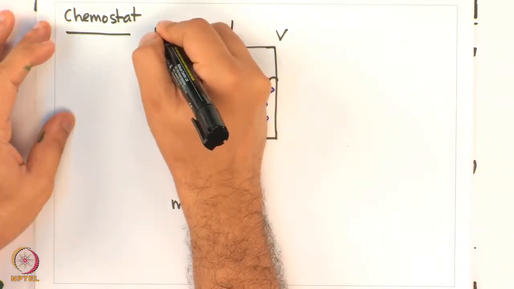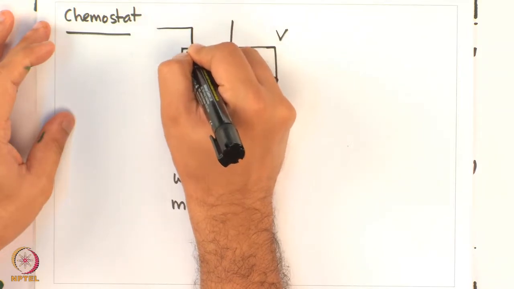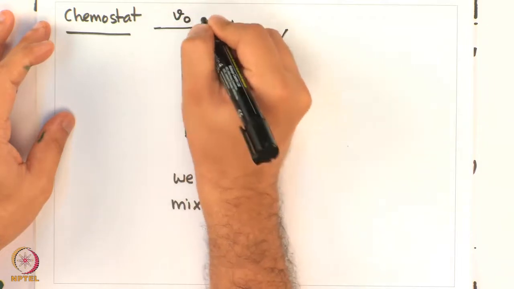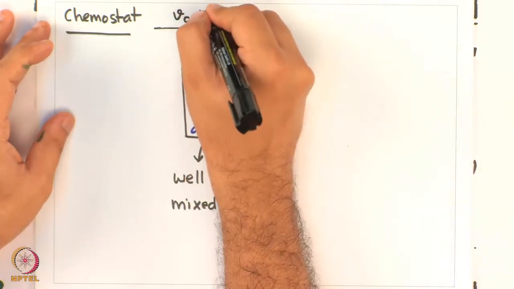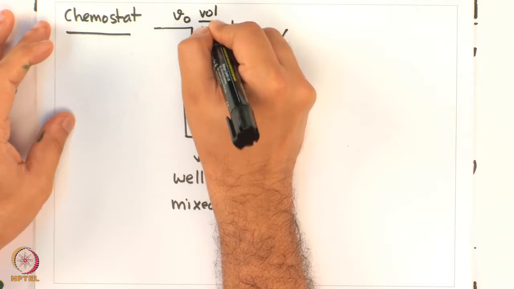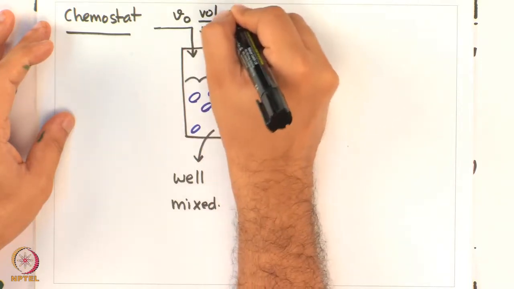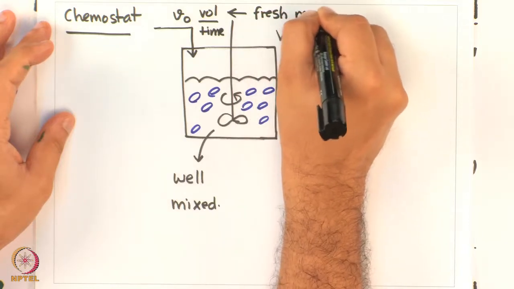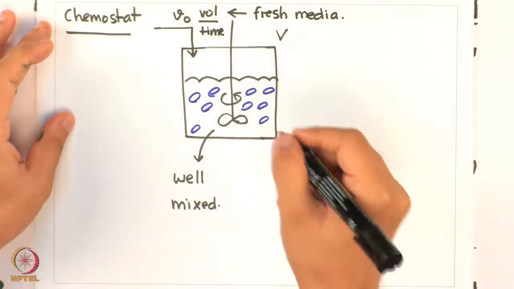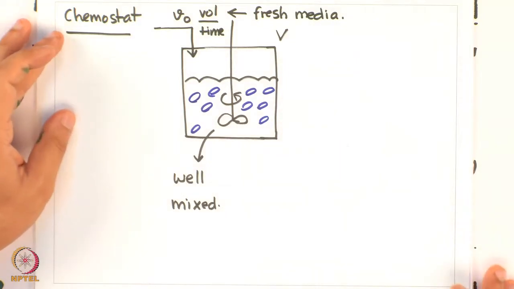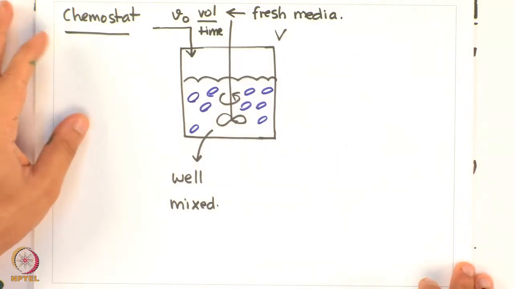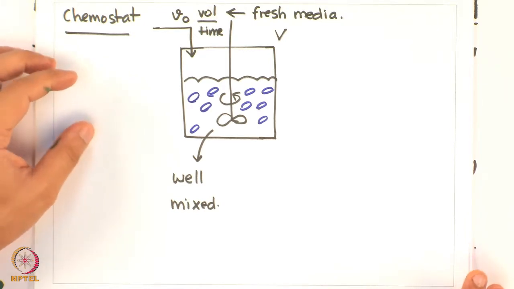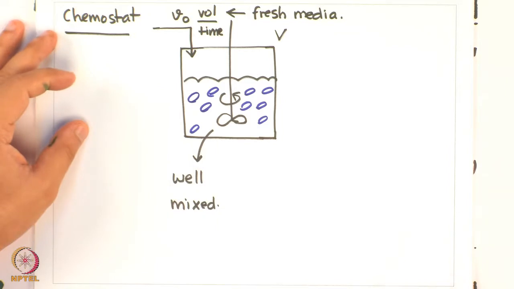But what alleviates that problem is that you have an incoming stream to this reactor at the rate V naught volume per time, which is carrying fresh media. So, this is the media which you desire to do your experiment in, and you have this stream carrying these nutrients continuously at rate V naught.